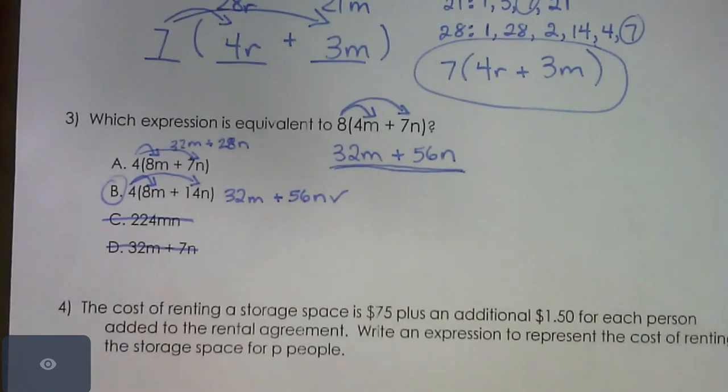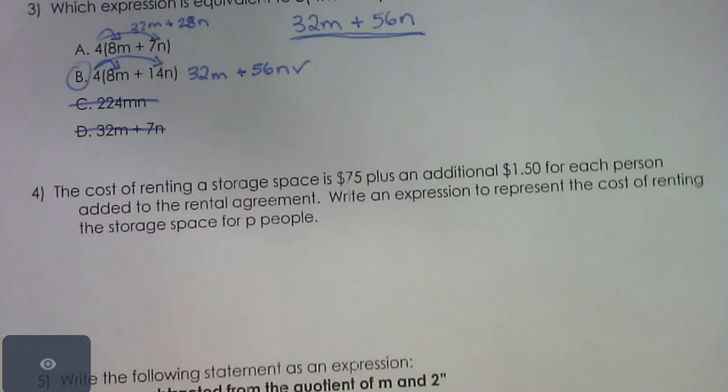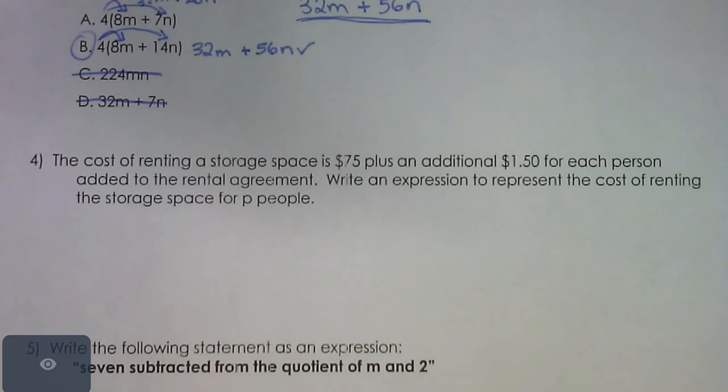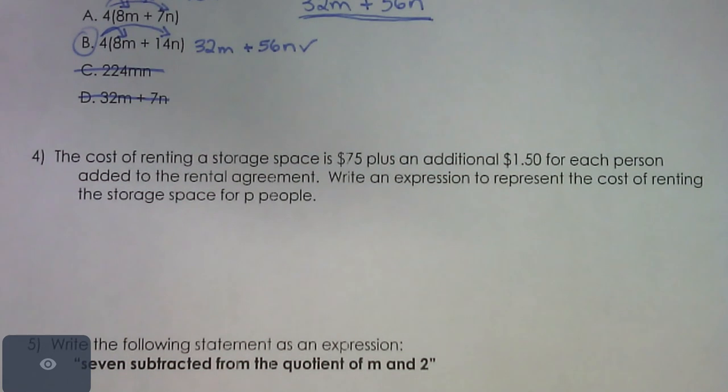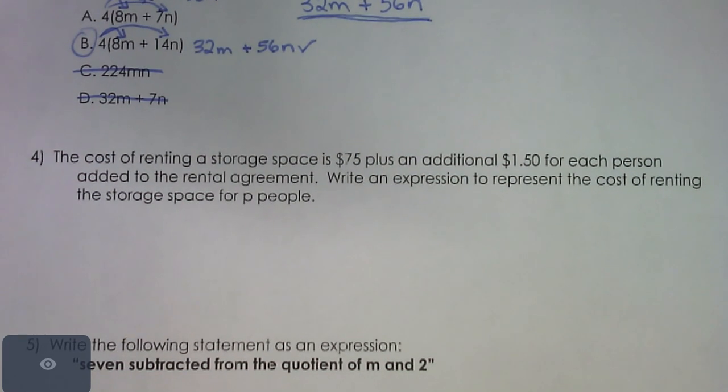All right, number 4, the cost of renting a storage space is $75 plus an additional $1.50 for each person added to the rental agreement. Write an expression to represent the cost of renting the storage space for P people. So we do not know how many people, and that is what varies. You may have a different amount of people than I would when we're standing in line to rent a storage space.